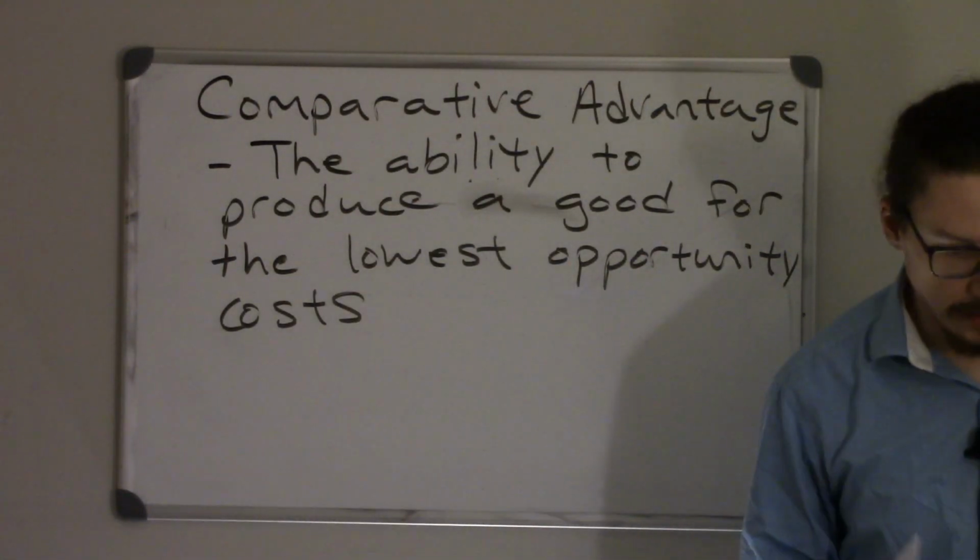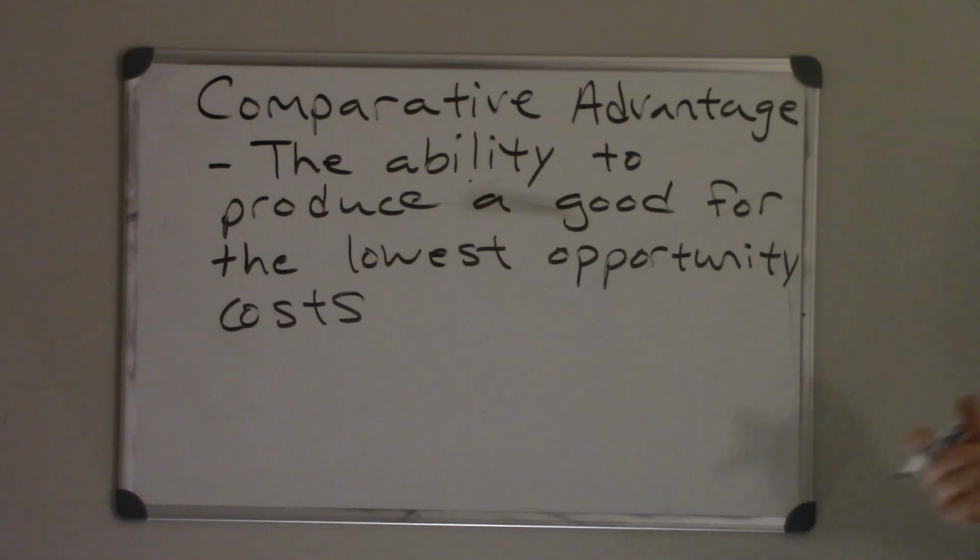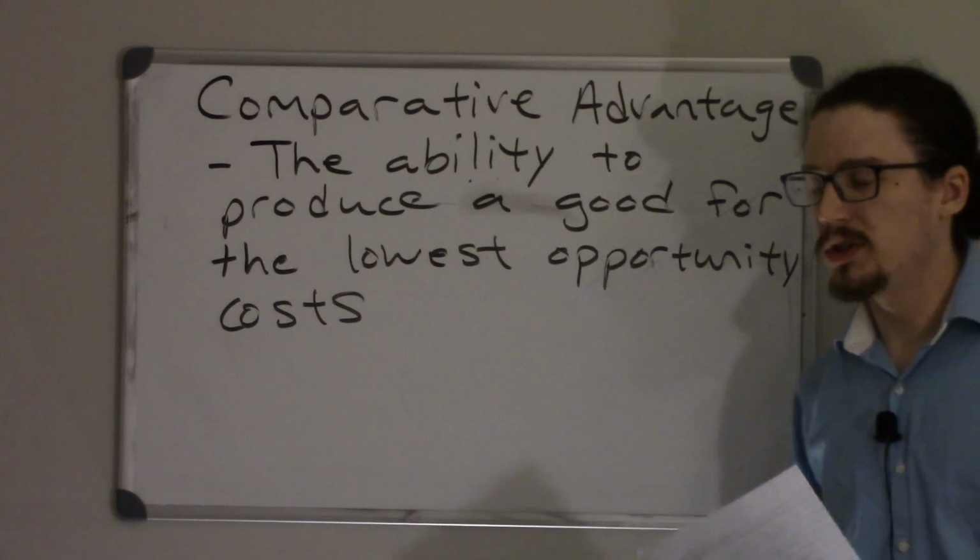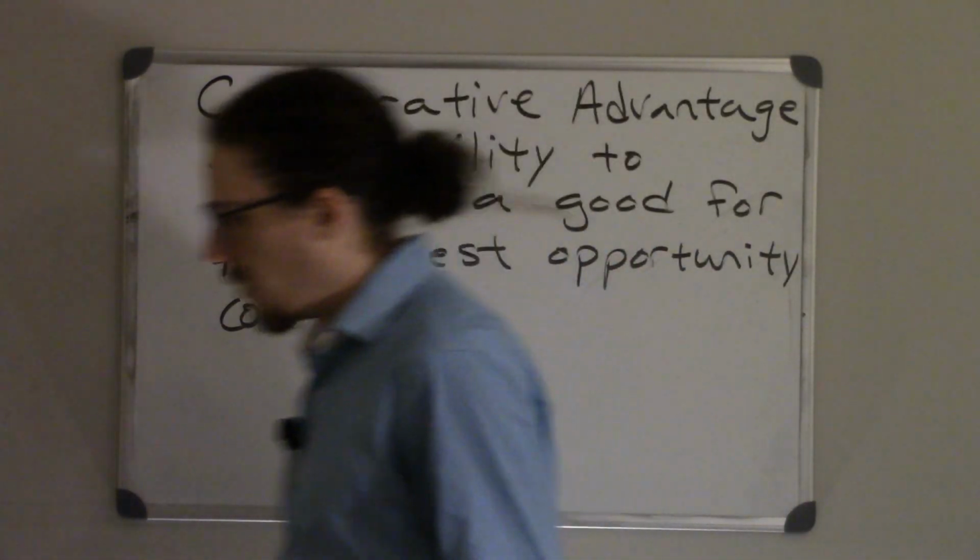So the comparative advantage, or if someone has the comparative advantage for a good, it means that they have the ability to produce a good for the lowest opportunity cost.